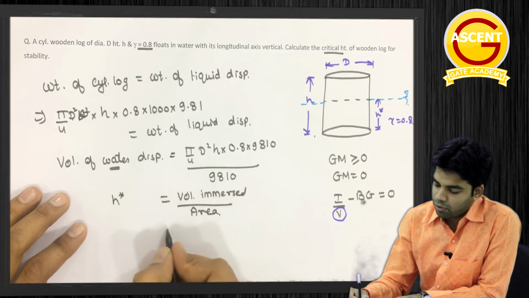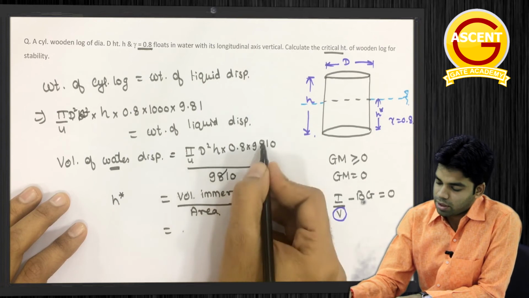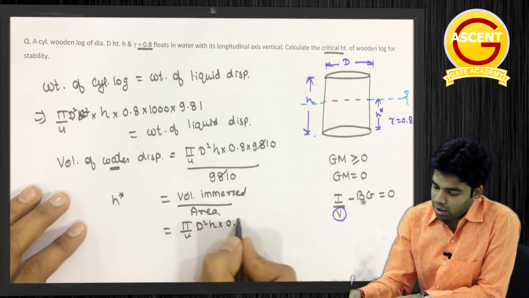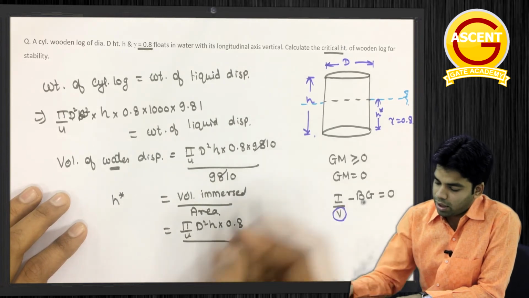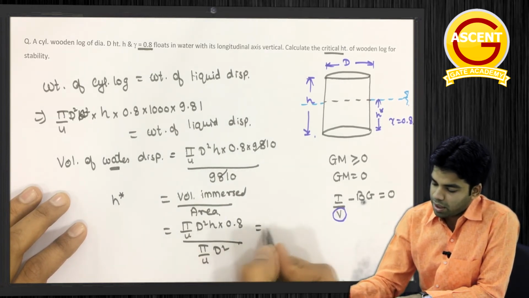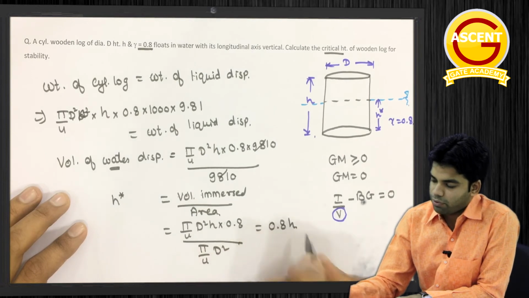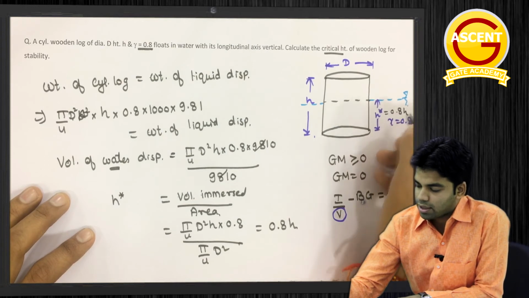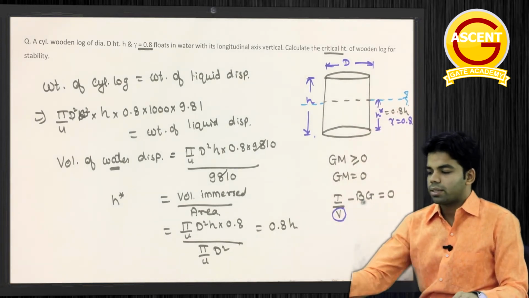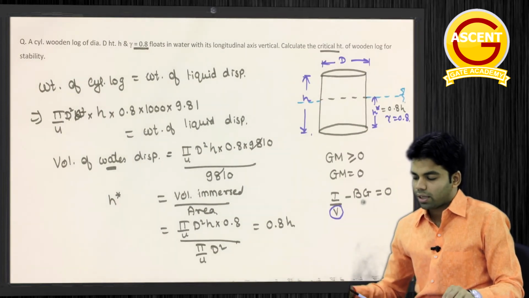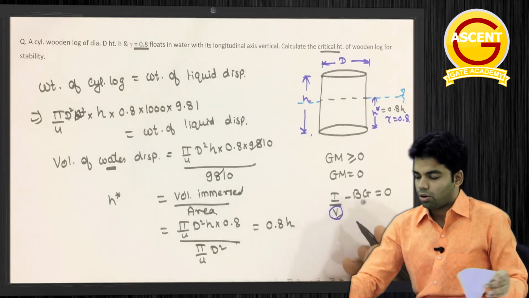From here, the 9810 will get cancelled out, giving pi by 4 D square H into 0.8 divided by area. Area is pi by 4 into D square. So this will be cancelled out and finally it is 0.8 of H. That means H star is equal to 0.8 of H. This much height of the log is immersed inside the fluid.